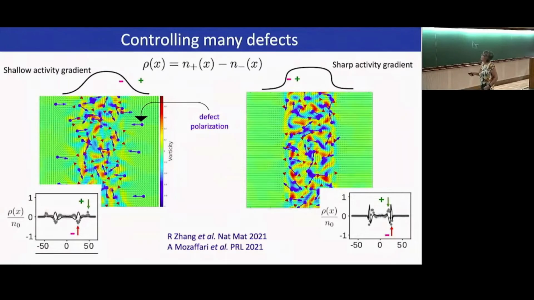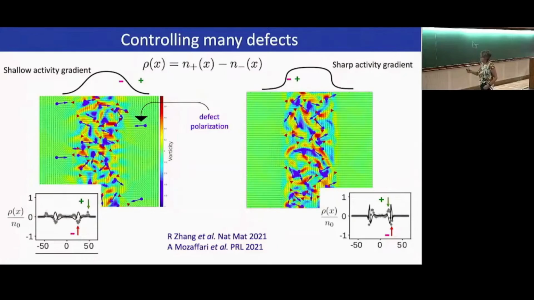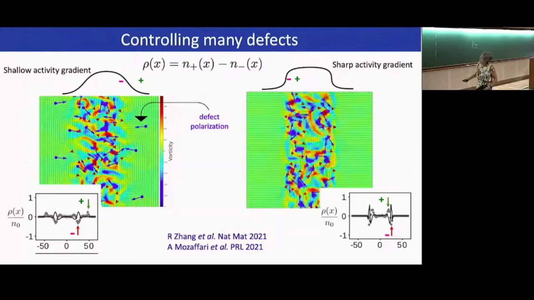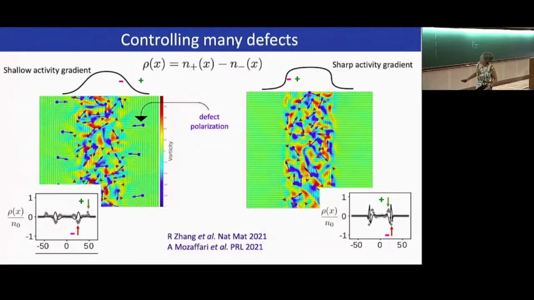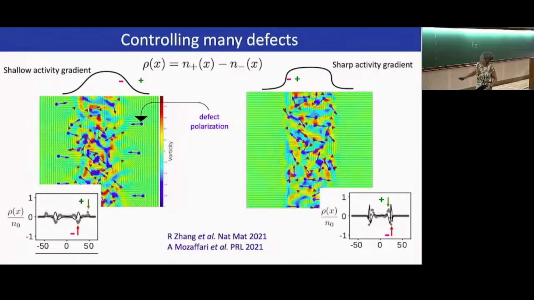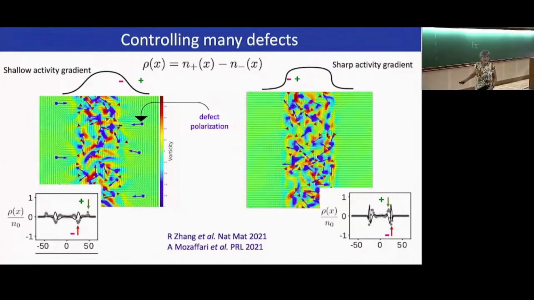Conversely, sharp activity gradients act sort of like walls. And down here you see that the result is that there is an excess of positive topological charge just outside the strip, and an excess of negative topological charge inside.